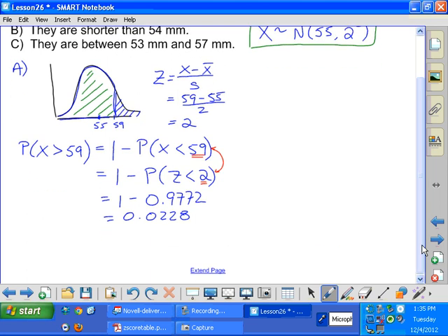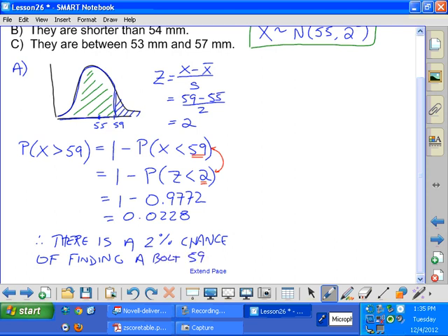So if you're looking through a bin of bolts, there is a 2% chance of finding a bolt 59 millimeters or longer.